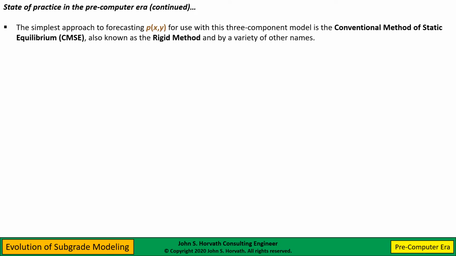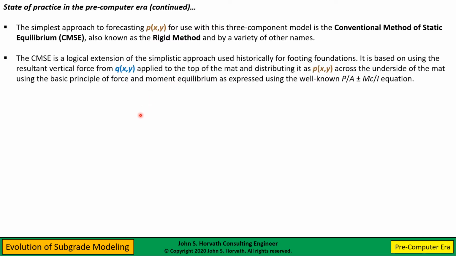The simplest way in the pre-computer era for forecasting the subgrade reaction was what I call the conventional method of static equilibrium. In books and publications, you'll see this referred to as the rigid method and a variety of other names. I call it the conventional method of static equilibrium.